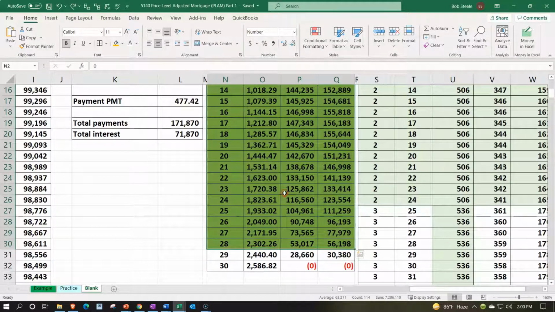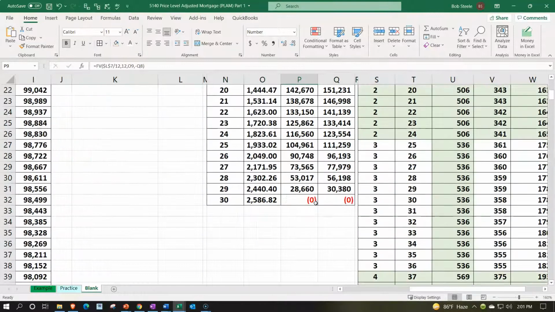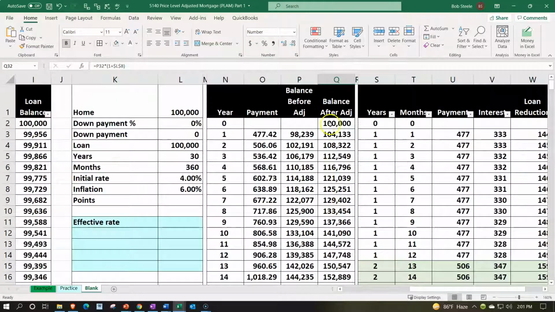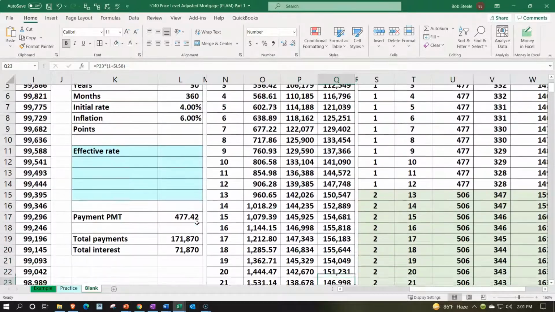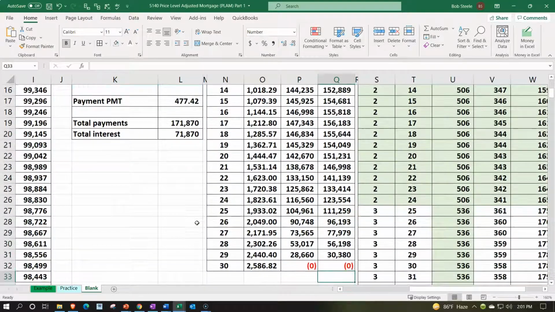Let's start off with a graph just to think about what is happening, because we can see at the end of this, it's back down to 0, which gives us that kind of check figure, which is nice. But if we look at the loan balance, it's kind of strange. The actual loan balance is going up, up, up, up, up, and then it decreases sharply at the end to bring it back down to 0.